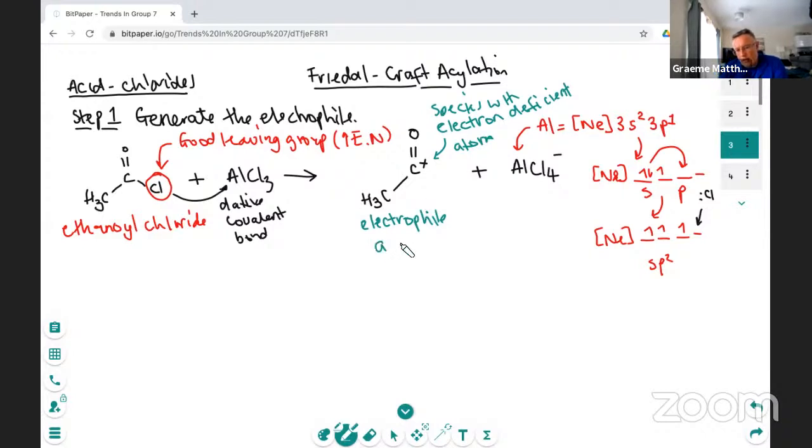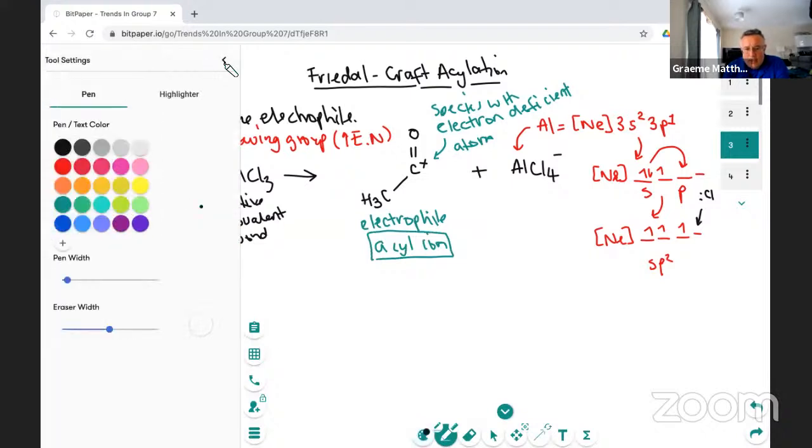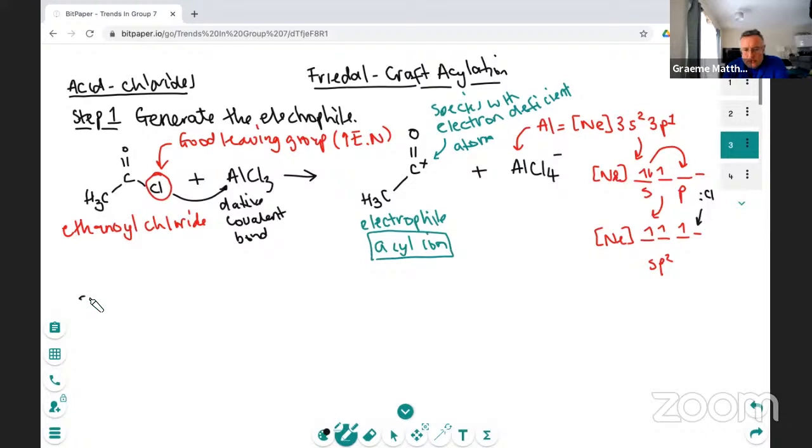And you're thinking, yeah, it's kind of easy to keep straight in your mind because look, acyl ion, acylation, right. Now, step one then is generate electrophile. And once you've done these chemistries, you've done them all. Step two, right here, is, well, the actual reaction.